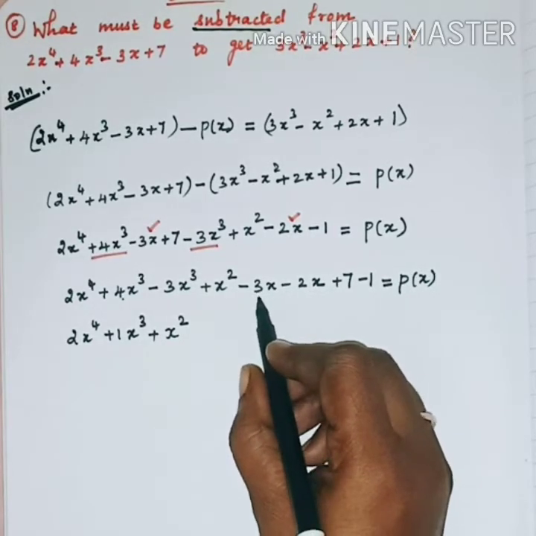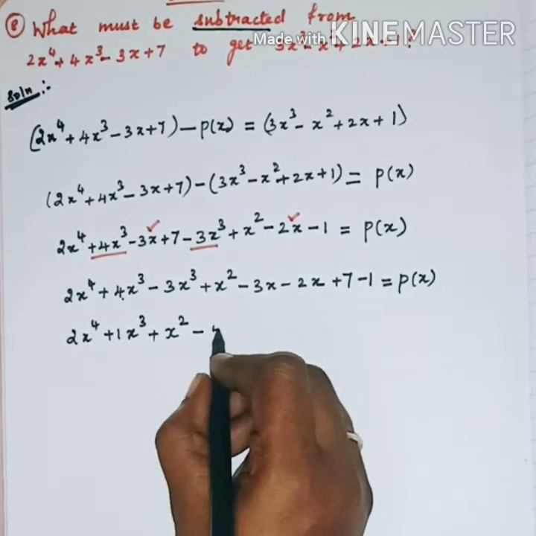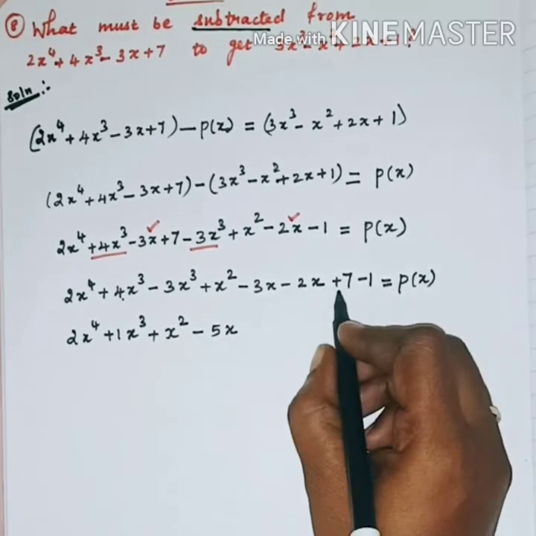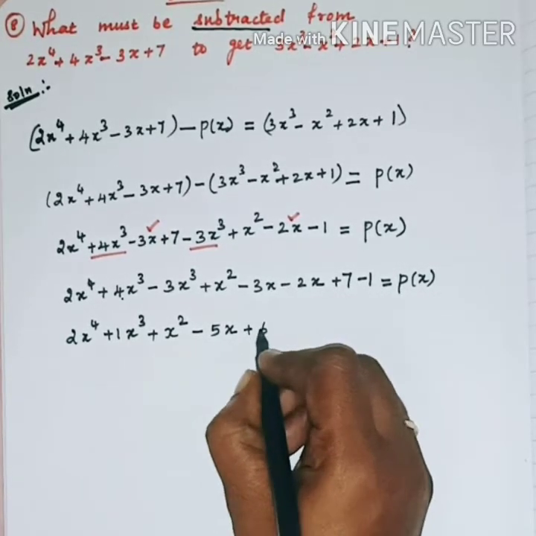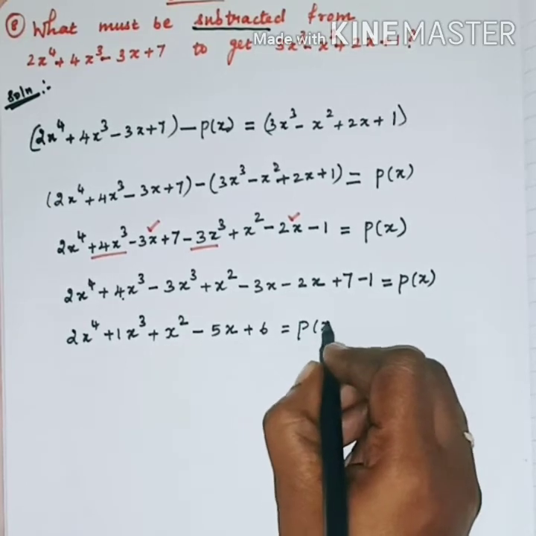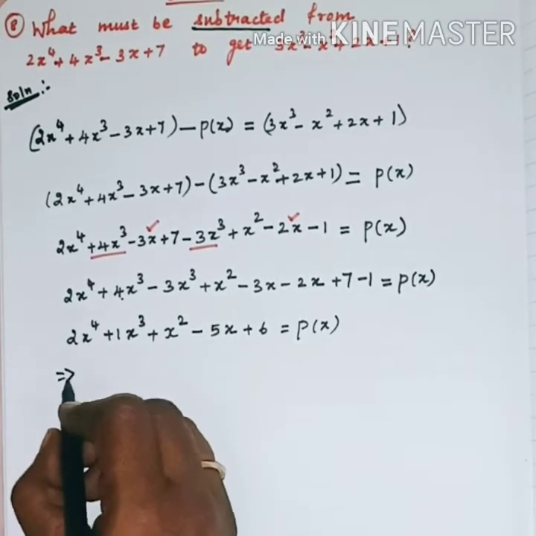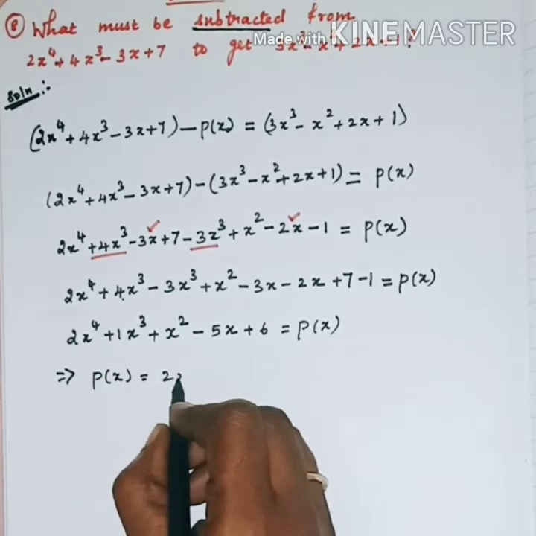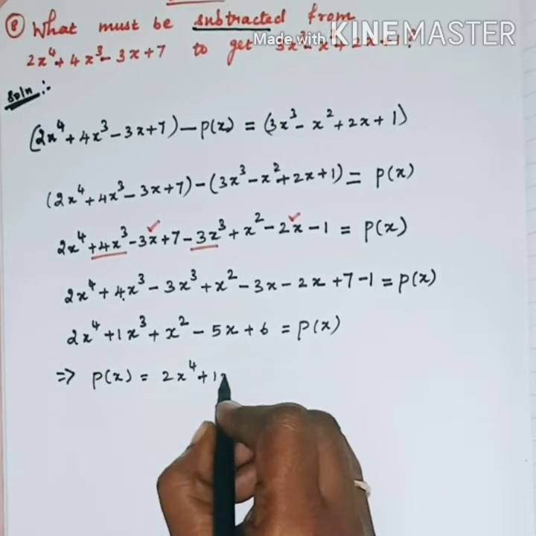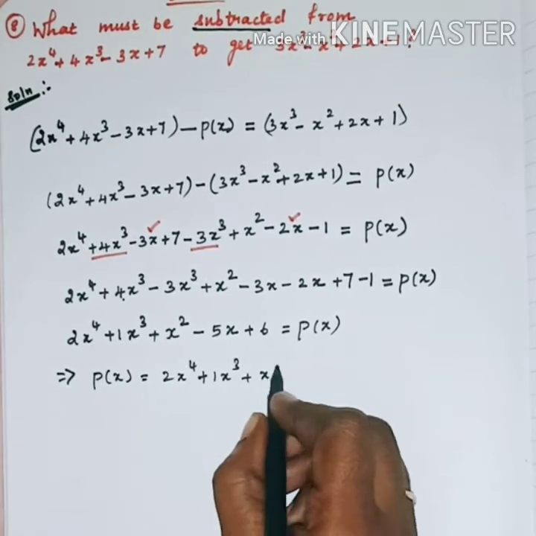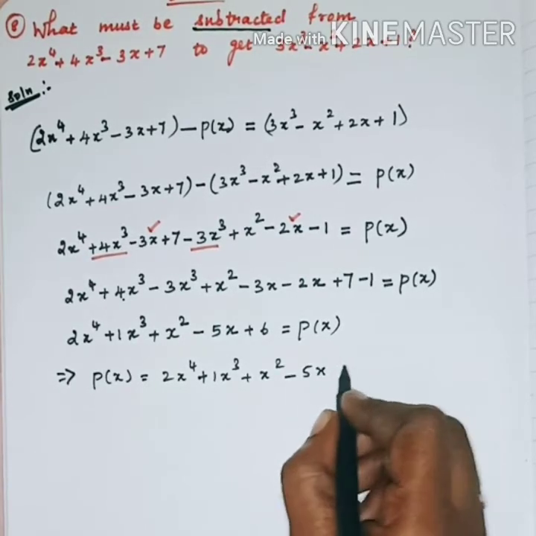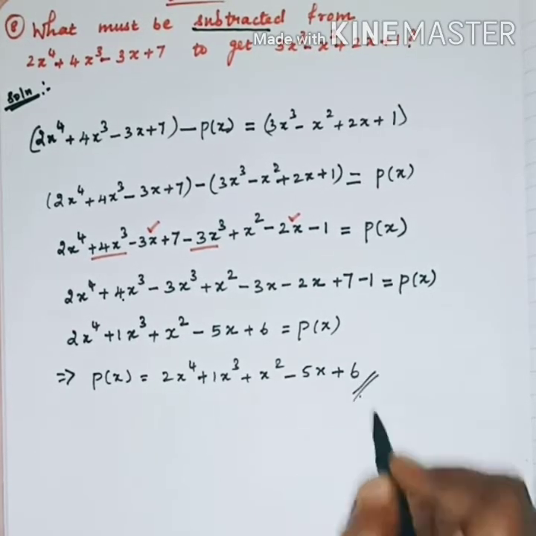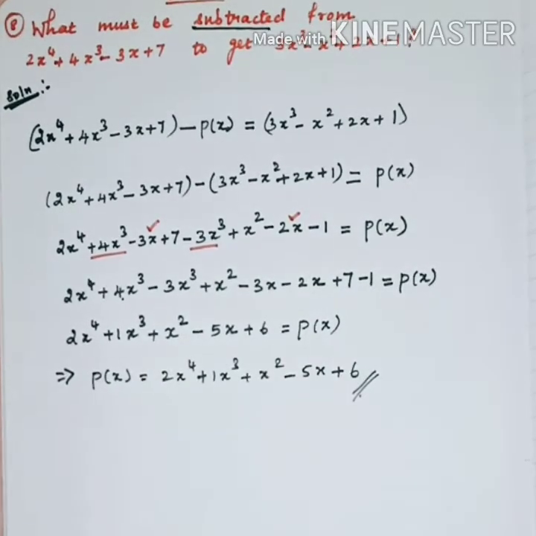So minus 3x minus 2x, adding these two we get minus 5x, plus 7 minus 1 is plus 6 equal to p of x. So the value of p of x is equal to 2x power 4 plus 1x cube plus x square minus 5x plus 6. This is the answer for this sum.